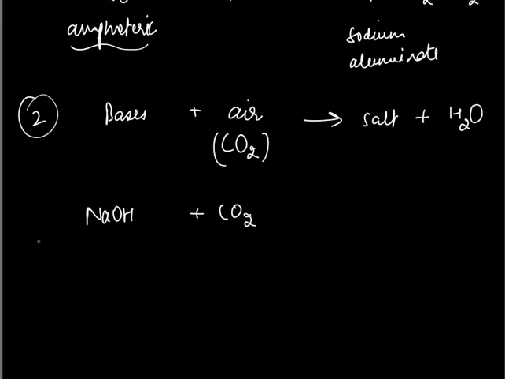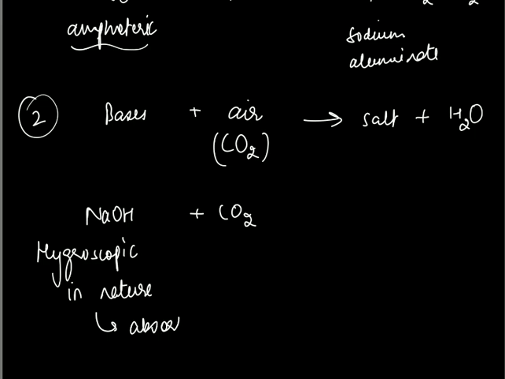This is hygroscopic in nature. I'll be discussing these terms also. Hygroscopic means it can absorb moisture from the surroundings. So usually when you are in a lab, NaOH pellets are kept in an airtight container.